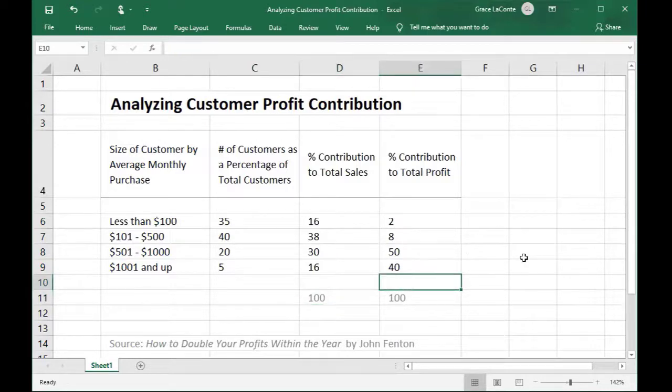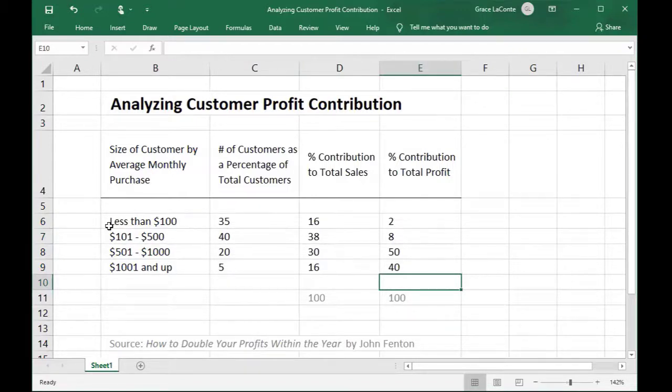So what we can see from this really simple graph is that the vast majority of our profit is coming from these much larger purchases, which only make up 25% total of our customer base, and the contribution to total sales is only 46%. So this company most likely is spending a lot of effort trying to get these lower end sales, and the number of customers that purchase less per purchase is very high.